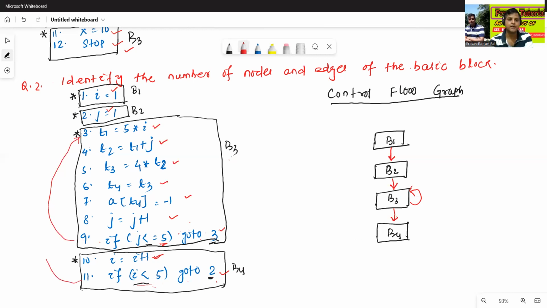That means from 11 to 2, so B4 to B2. This is our overall control flow graph. Just draw one entry and one exit.